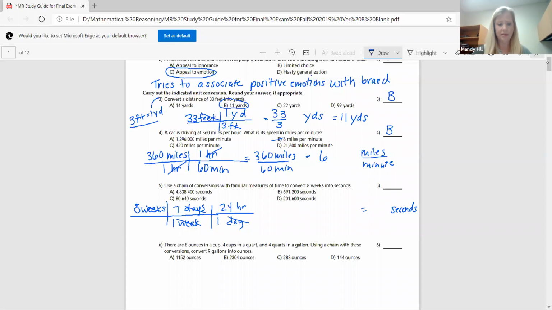So the days cancel out. Don't want hours, I want seconds. So I know that there are 60 seconds in 1 hour. My hours cancel out. I have seconds. On the top, I have 8 times 7 times 24 times 60. On the bottom, it's all ones. And I'm also left with the right unit of seconds on the top. So I want to take all that and multiply it together.